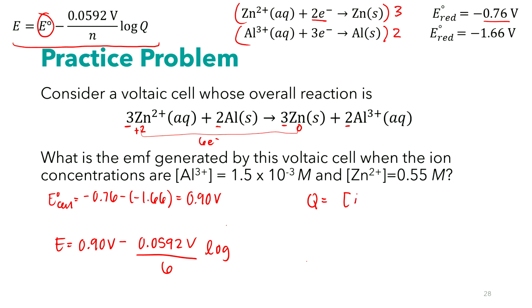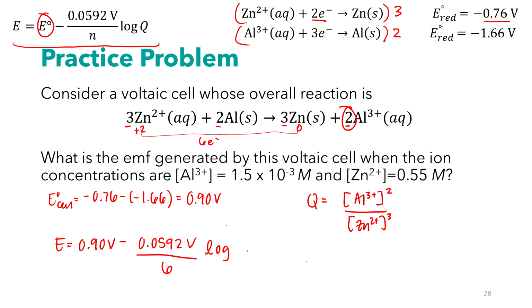You should have Al3 plus squared because you have 2 of them. So don't miss that. Then you will divide by zinc 2 plus, which is cubed. Don't miss that. That is why I picked this one, because I wanted to remind you that those coefficients become exponents in your Q.